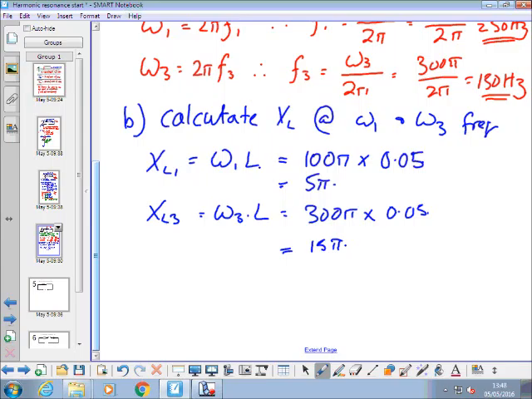Definitely 5 pi for the top one and 15 pi. So a wrong button was pushed somewhere.